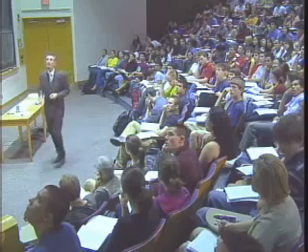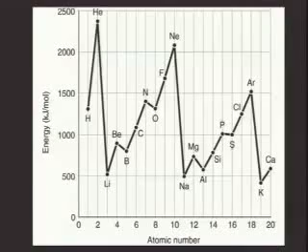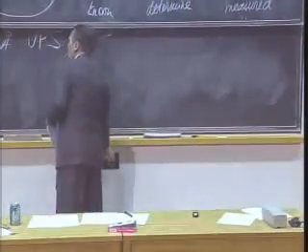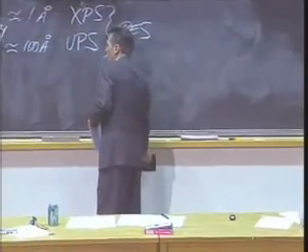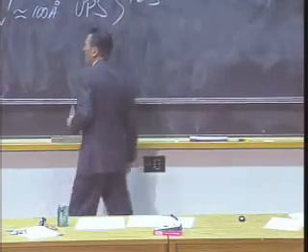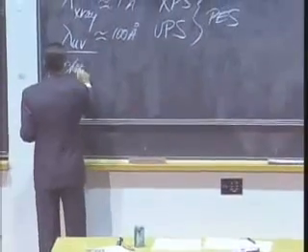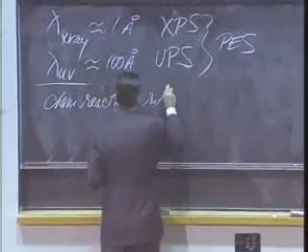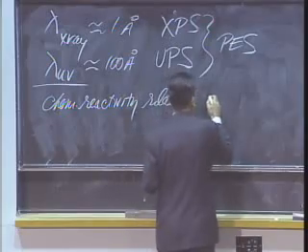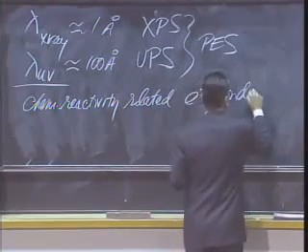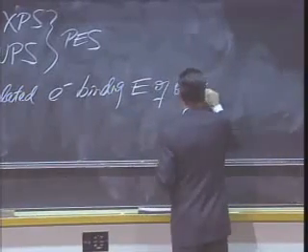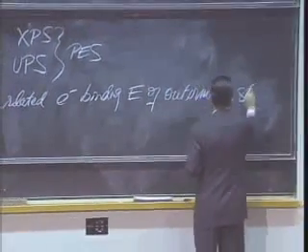So let's focus on the outer shell electrons. And these outer shell electrons are termed valence electrons. So let's construct a model here that suggests that chemical reactivity is somehow related to the electron binding energies of the outermost electrons, of the outermost shell.